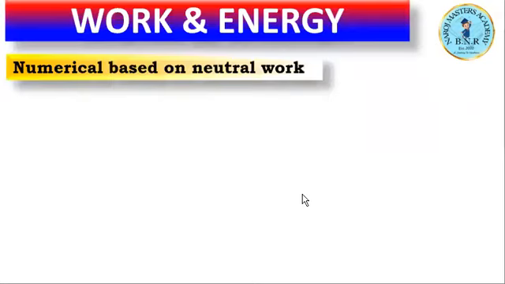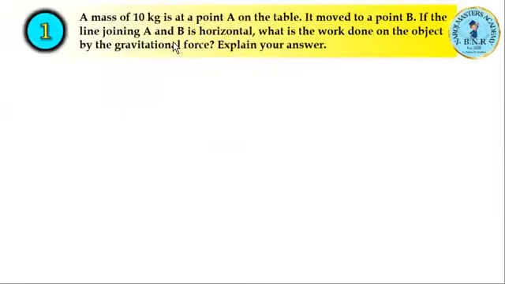Numericals based on the neutral work, the types of energies. First, a mass of 10 kgs at a point A on the table moves toward the point B. If the line joining A and B is horizontal, what is the work done on the object by the gravitational force? Explain your answer.